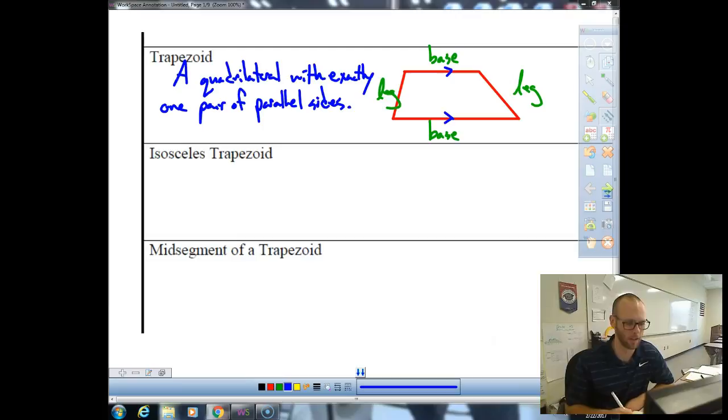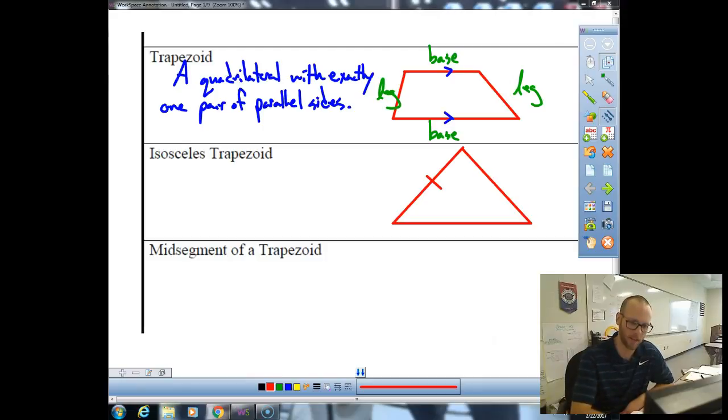What would that look like? Well, one way that I like to think about an isosceles trapezoid is that I have an isosceles triangle, so that these were congruent, but then I take that and I slice off the top, parallel to the bottom.